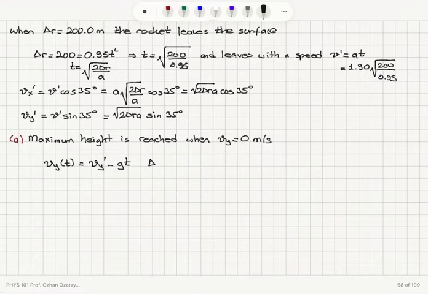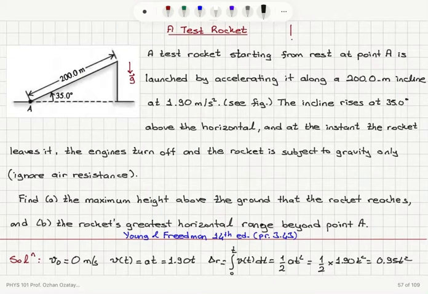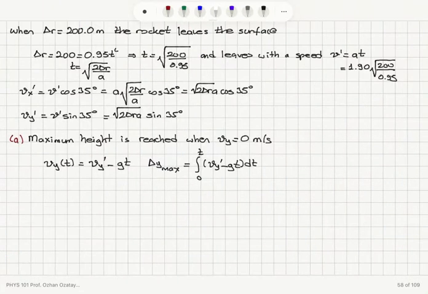The maximum height reached, delta y max, will be equal to the integral from 0 to time t of Vy prime minus gt dt. Now time 0 is when I'm at the top of the incline, so this is basically t equals 0 for the rest of the problem.